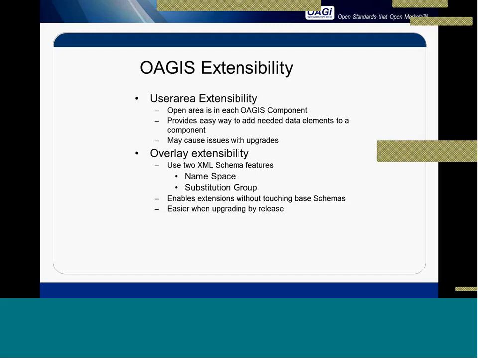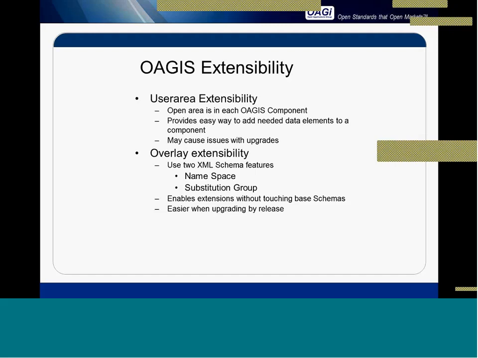One is the old-fashioned way of user area extensibility. We developed this before XML schema came out, and it provides an open area in each OAGIS component, so that you can make your changes, say in your own namespace, which is your own set of libraries, and then plug those into the user areas where you need to.